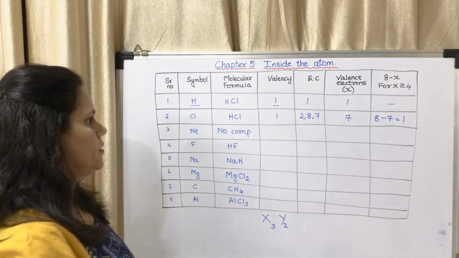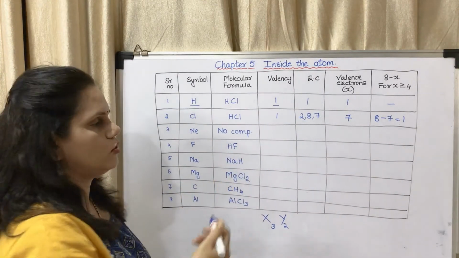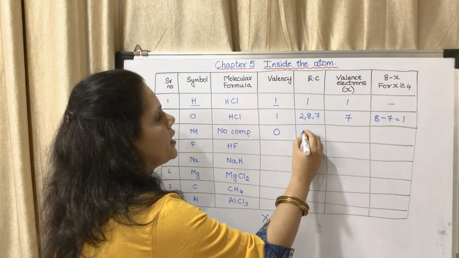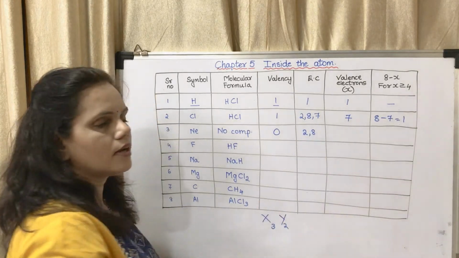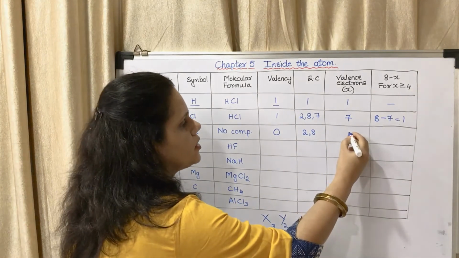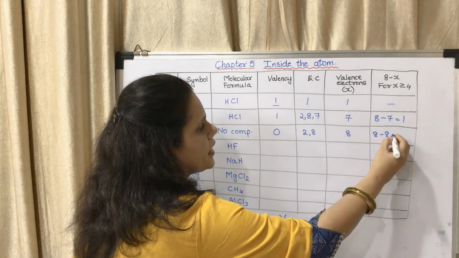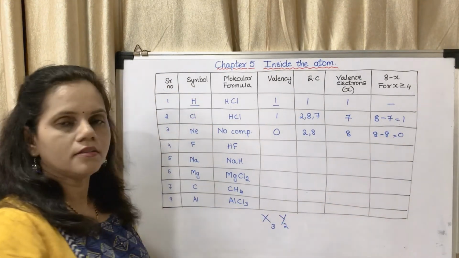Now neon, there is no compound, means the valency is 0. So its electronic configuration is 2, 8. Valence electrons 8. So what will be here? It will be 8 minus 8, that will be 0.